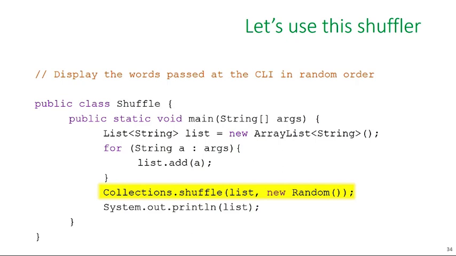This is one of the algorithms that we're going to mention at the end of this lecture. It's an algorithm meant to work on any list implementation. Like most of those algorithms provided by the Java collection framework, it's a static method of the Collections class. So we pass our list and a new source of randomness, and then we display the list after it has been shuffled.